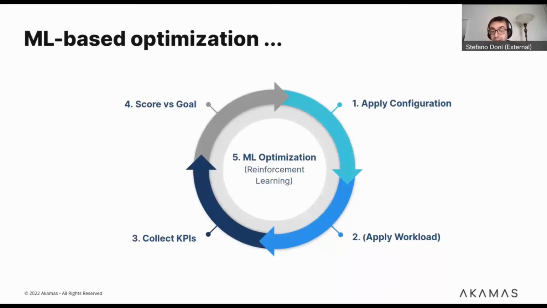So it applies a configuration to the environment, then we measure the result, which is called reward in reinforcement learning language. And then we decide what is the next best configuration to apply. So the process is iterative, up to a budget that can be defined.